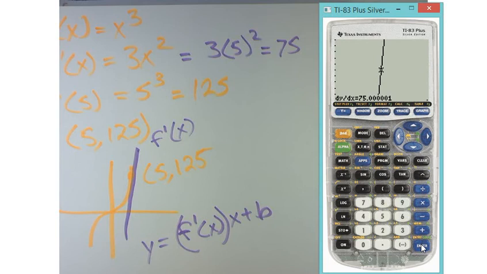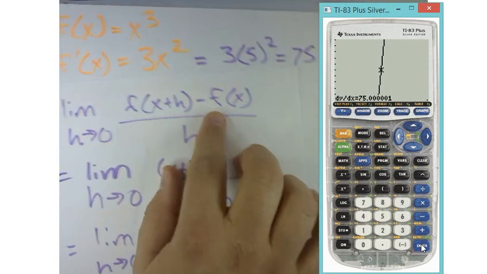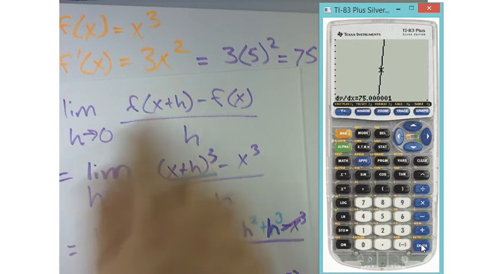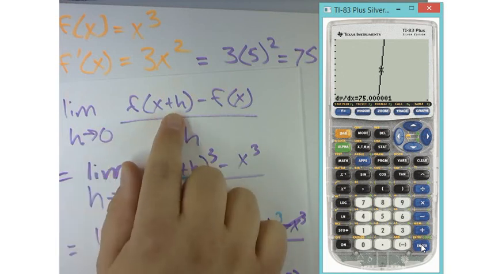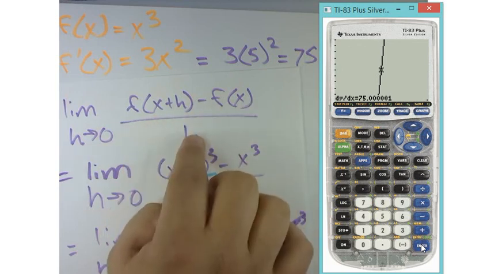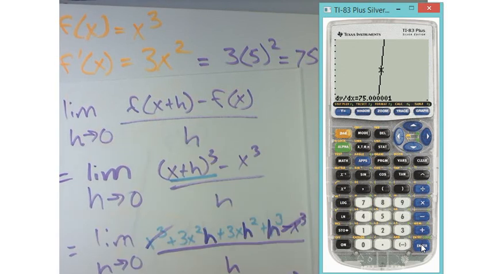In other words, it does this limit business of f of x and so on, but it lets h approach 0.00001. So it's really f of x plus 0.00001 minus f of x all over 0.00001. But the slope is 75. Any questions?